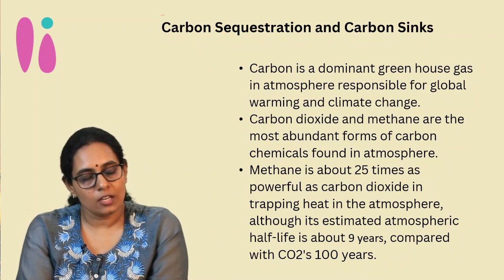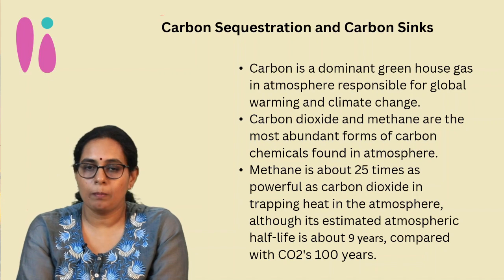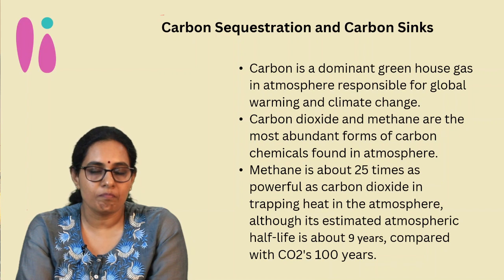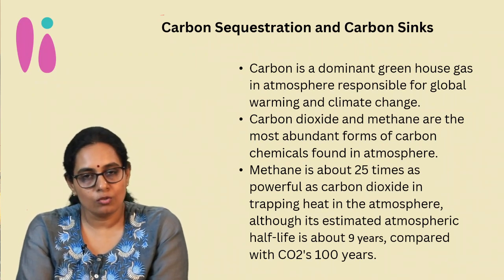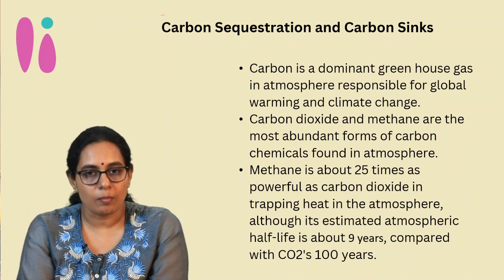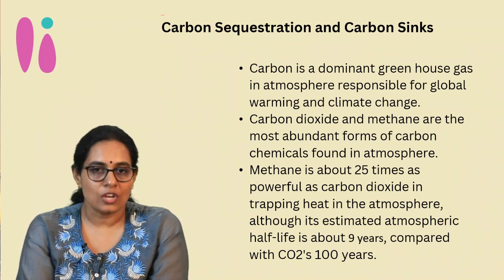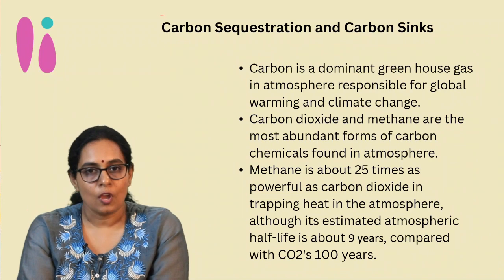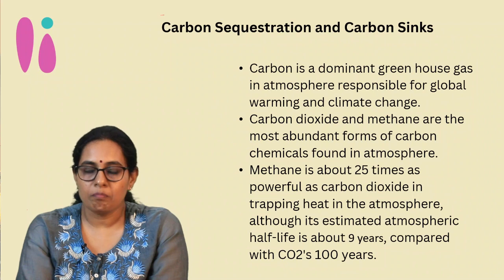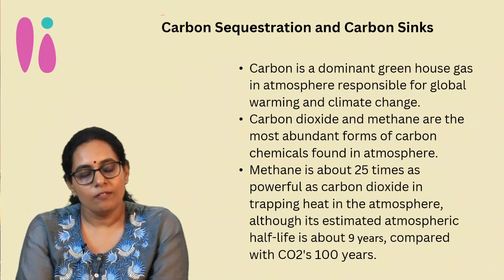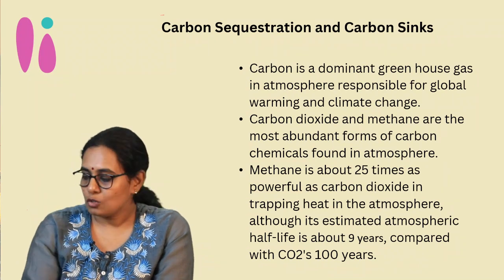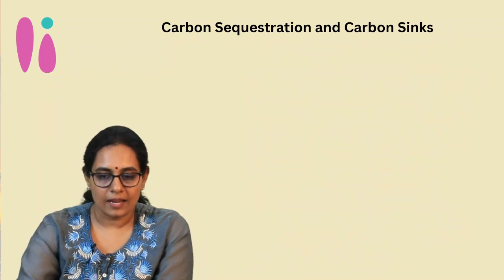But from 2022, even methane has been prioritized as there is a large-scale increase in the amount of methane in the atmosphere. So our focus will be on reducing both the levels of carbon dioxide and methane, which have been responsible largely for global warming. When we see the impact of methane and carbon dioxide on the atmosphere, we can notice a few things. So please follow the slide.